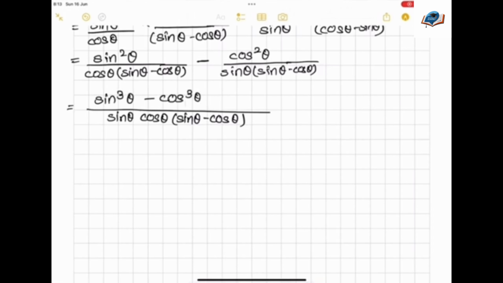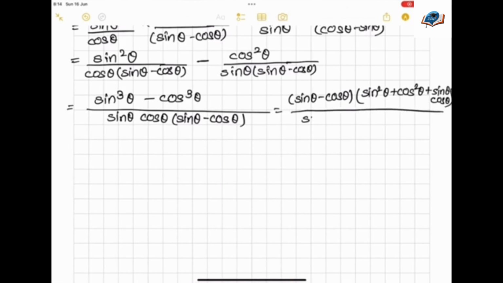So now using the a cube minus b cube formula, (sin theta minus cos theta) into (sin square theta plus cos square theta plus sin theta cos theta) whole upon sin theta cos theta into (sin theta minus cos theta).